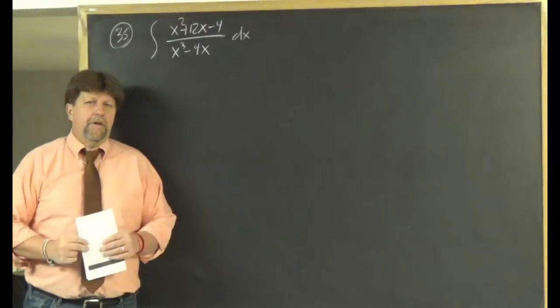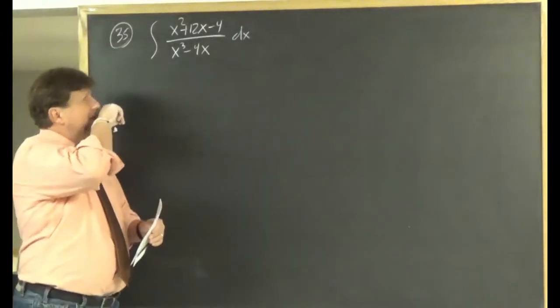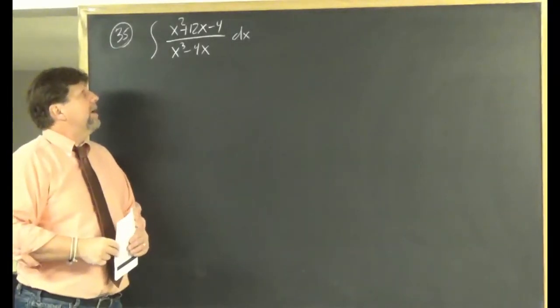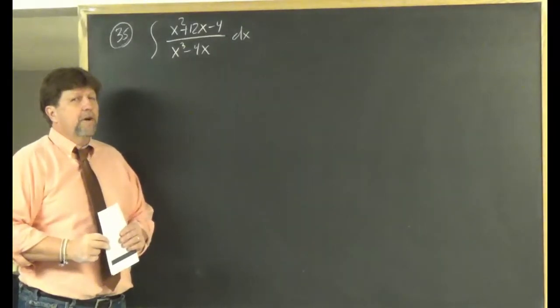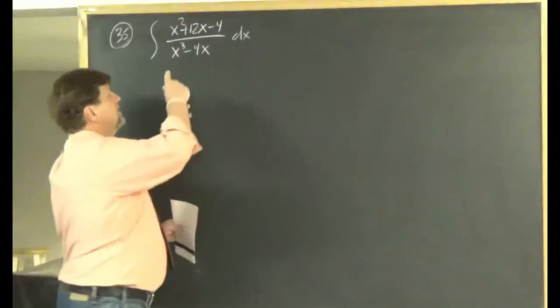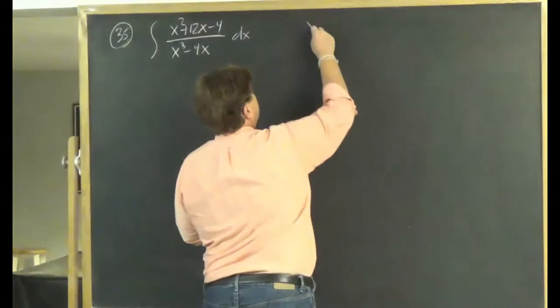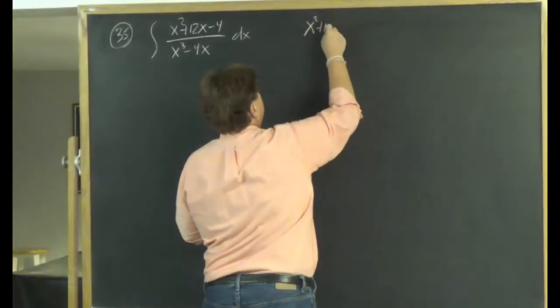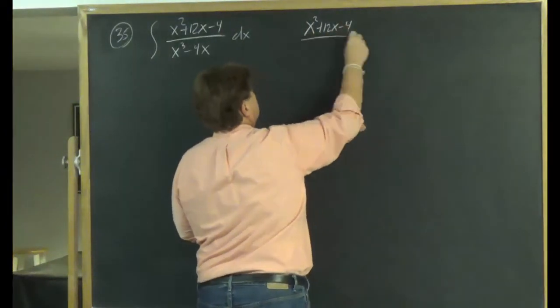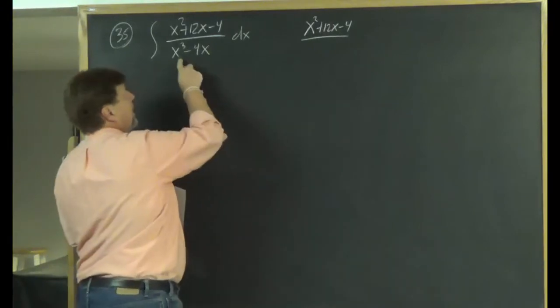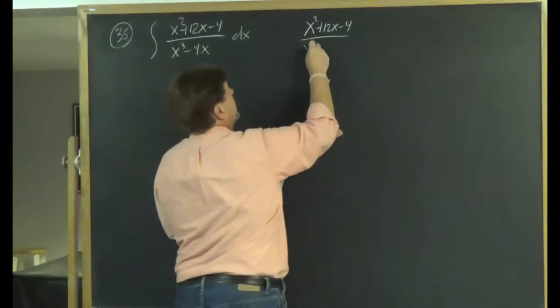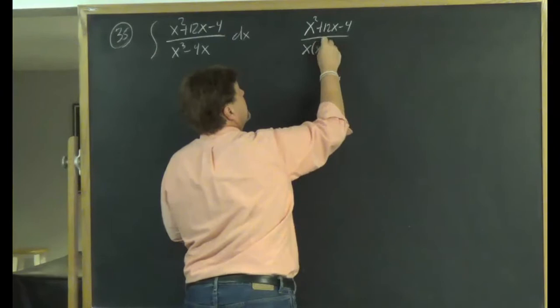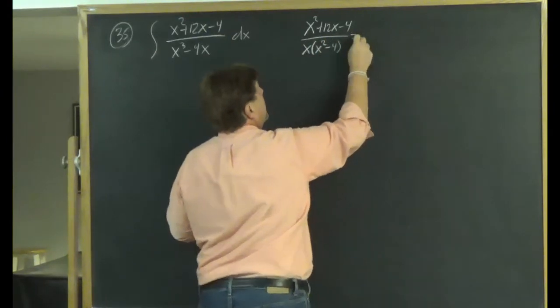All right, here we go. 35, you're asked to integrate x squared plus 12x minus 4 over x cubed minus 4x dx. So I bring my integrand over here, start factoring. I could take an x out of the denominator, so that leaves me with x times x squared minus 4.